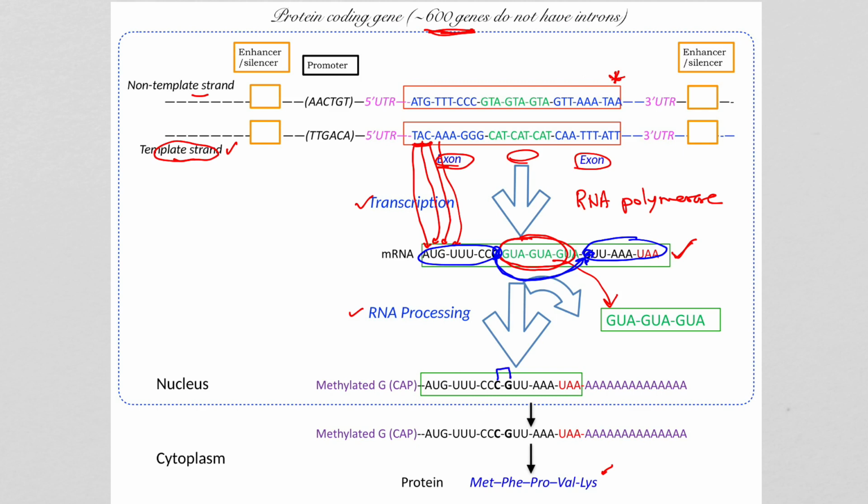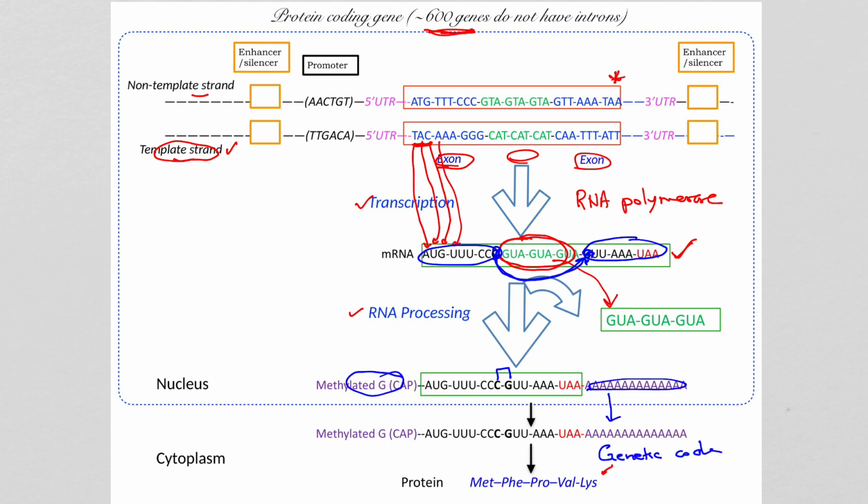So you can see the two exons connected together. And then that RNA is further modified. For example, a cap may be added, a poly A tail is added, and then it's transported out into the cytoplasm. And once in the cytoplasm, it then uses the rules of the genetic code.